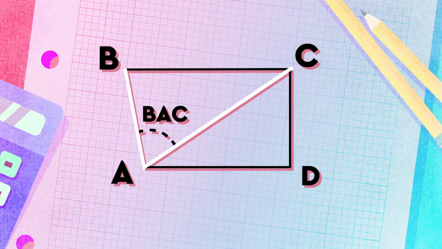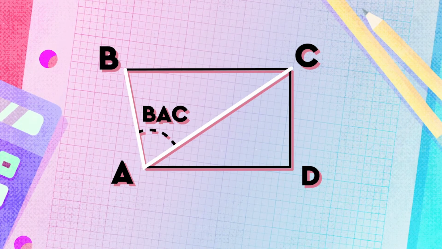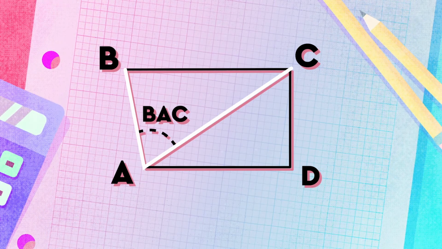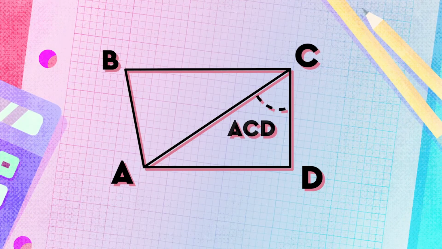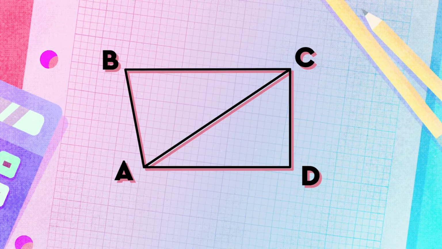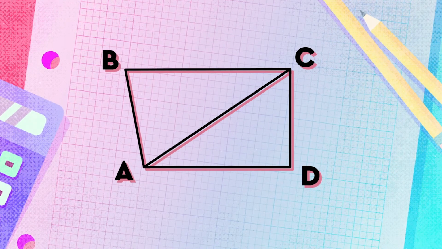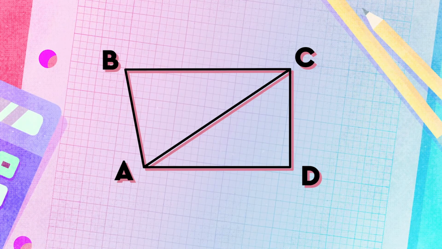To do so, we use the three letters that, if we traced along the lines going from letter to letter, would form the angle. Hence, angle BAC would be the angle as shown, angle ACD as shown, angle BAD as shown. Notice that we could not just refer to angle A, as there are three separate angles that can be formed with A.